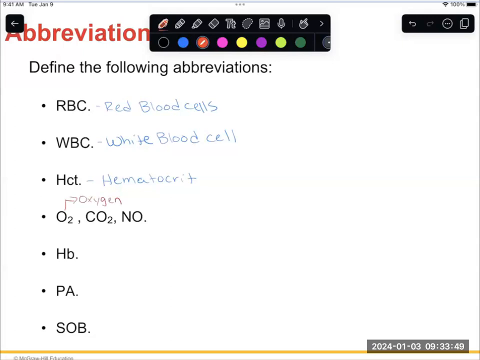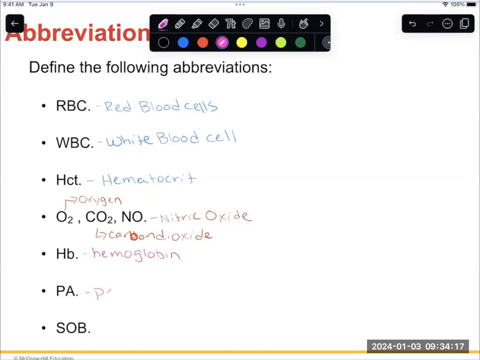Oxygen, carbon dioxide, and then we have nitric oxide. HB, hemoglobin.